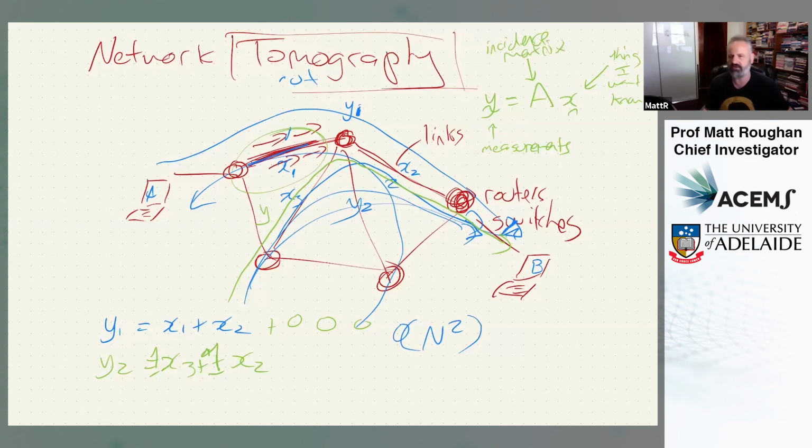It's just a matrix which has ones and zeros, where one indicates that a particular link is used on a particular path. It has a special name in my context. It gets called a routing matrix. Why call it a routing matrix and not an incidence matrix? Well, it's almost history. It's almost that people who started this didn't know what an incidence matrix was, so they just came up with a new name.